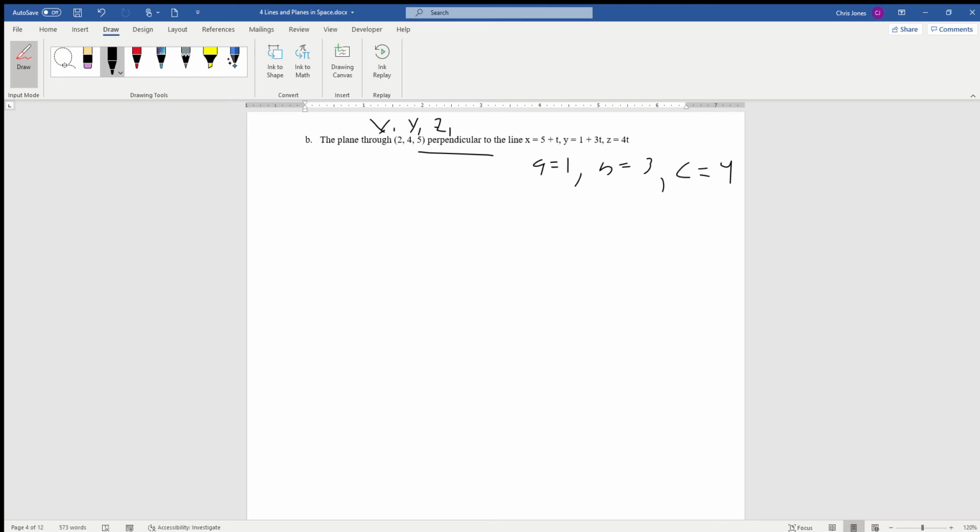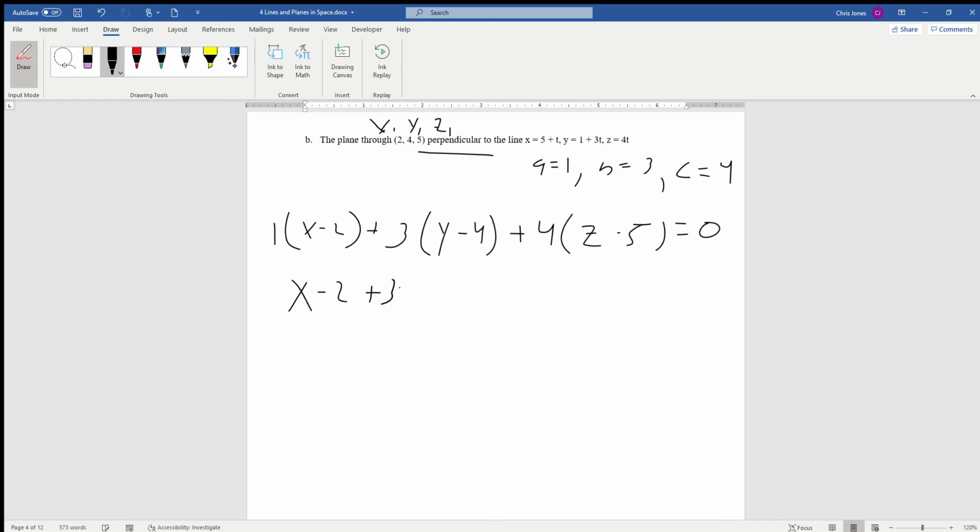We're going to first of all use the standard form, and then we're going to get to our general form. So we're going to have a, which is 1, times x minus 2, plus b, which is 3, times y minus 4, plus c, which is 4, times z minus 5, which is equal to 0, or x minus 2, plus 3y minus 12, plus 4z minus 20 is equal to 0, or x plus 3y plus 4z minus 34 equals 0.